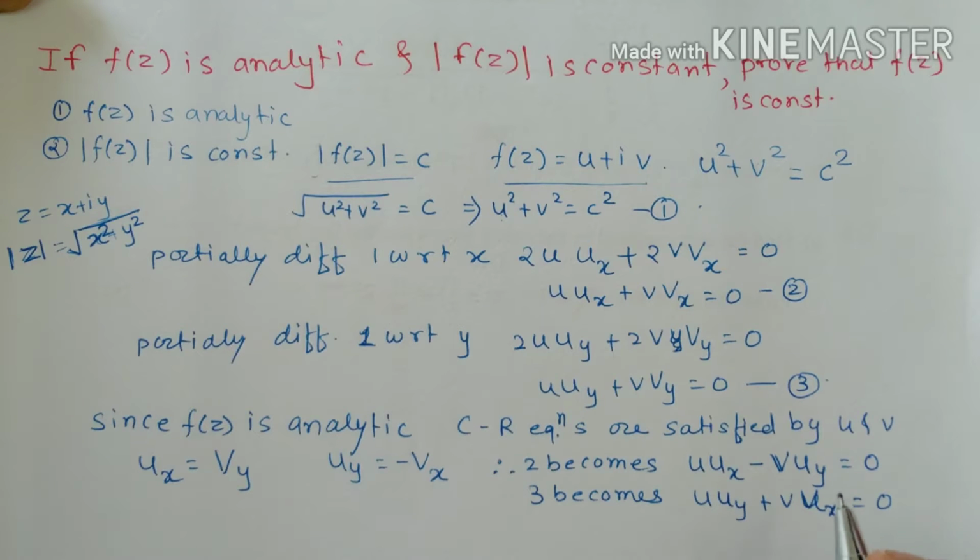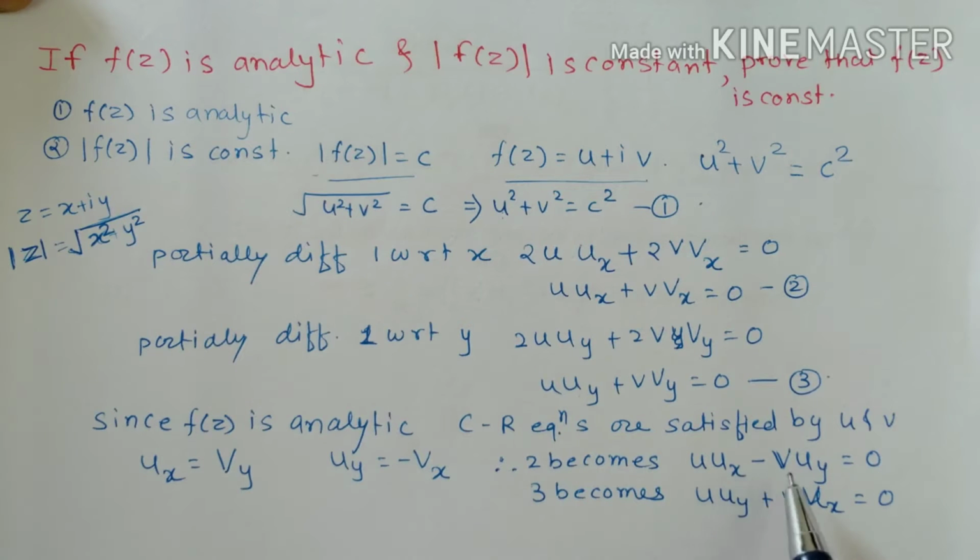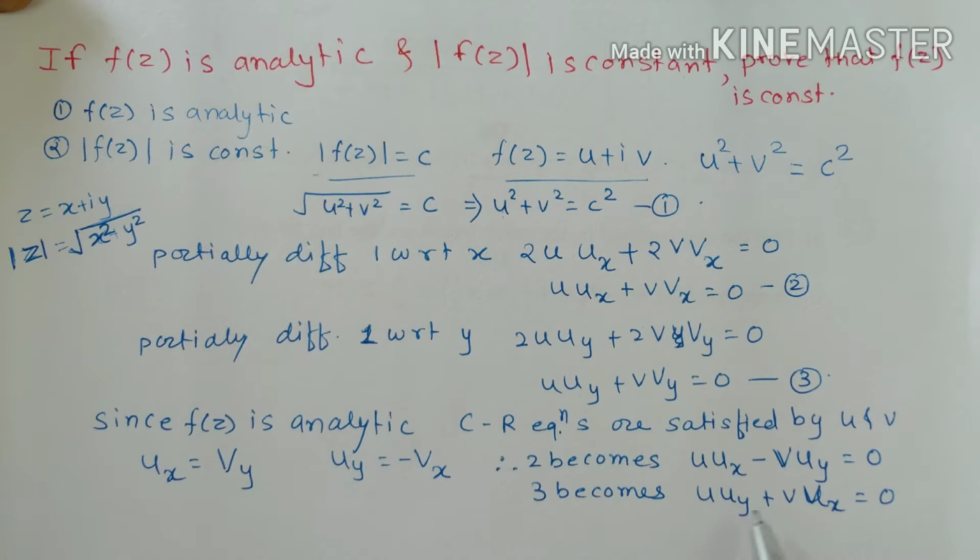Now we are trying to eliminate the term uy from both. Here the multiple is v, here the multiple is u. So I multiply the first equation by u and the second equation by v. Hence we get u square ux minus uv uy is equal to 0.